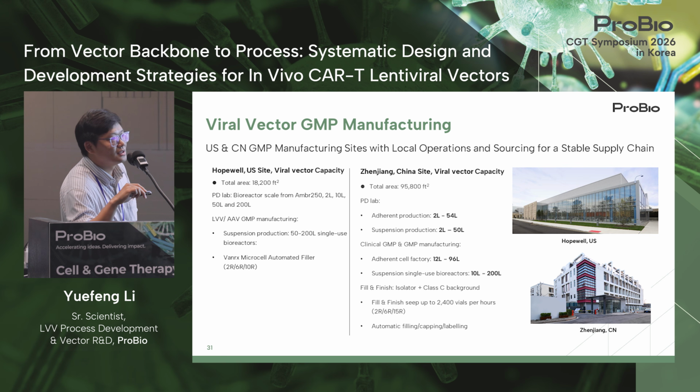But if we use suspended 293 cells to produce tLVVs, we provide 2 liter scale and 50 liter scale. And for clinical GMP manufacturing, we will provide a 10 liter scale and 200 liter scale using the suspension system.